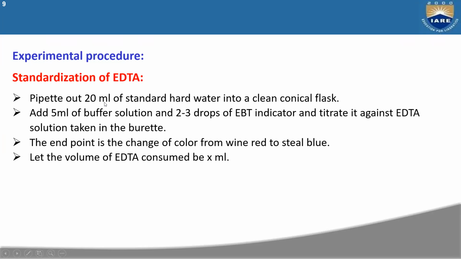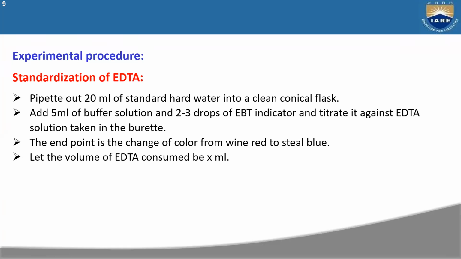Which contents are present in the conical flask? Hard water, 10 ml of buffer and EBT. These three we take into the conical flask.